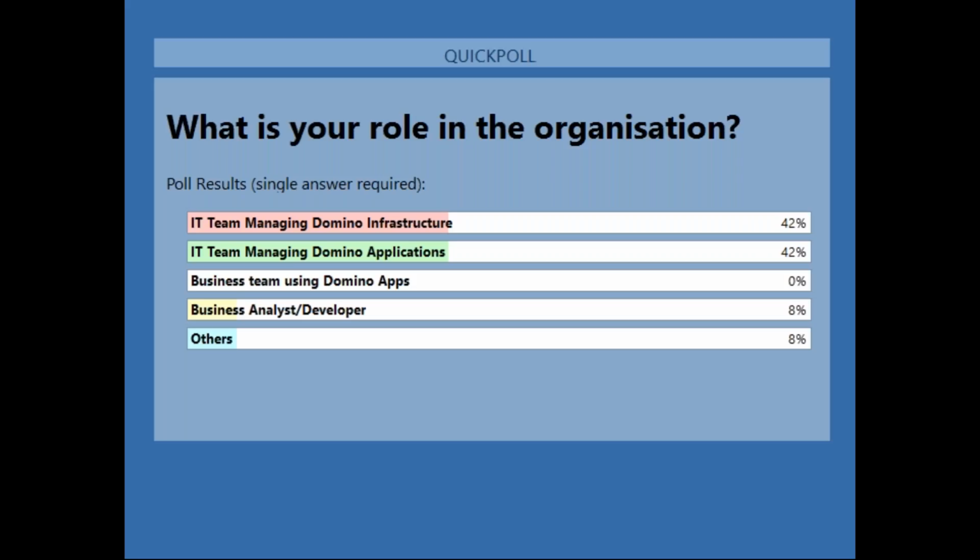So 42% are in infrastructure, 42% in the Domino application side, and the rest are analyst, developer, or other. Excellent.